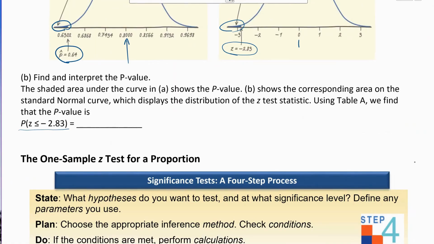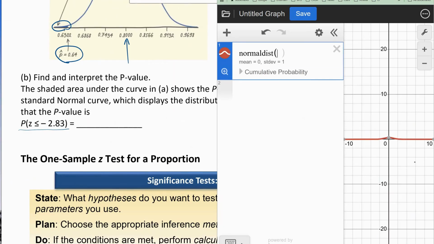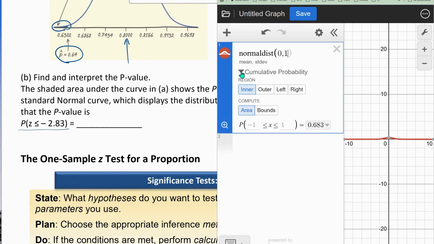So let me bring up Desmos. There's Desmos. And let's go ahead and type in what we normally do: a normal distribution with a center of 0 and a standard deviation of 1. And we are very interested in finding cumulative probability, this time left-hand side, with the z value of negative 2.83.